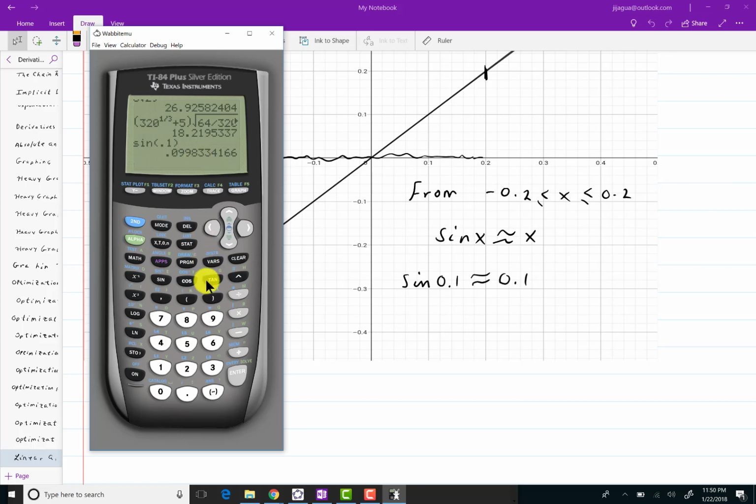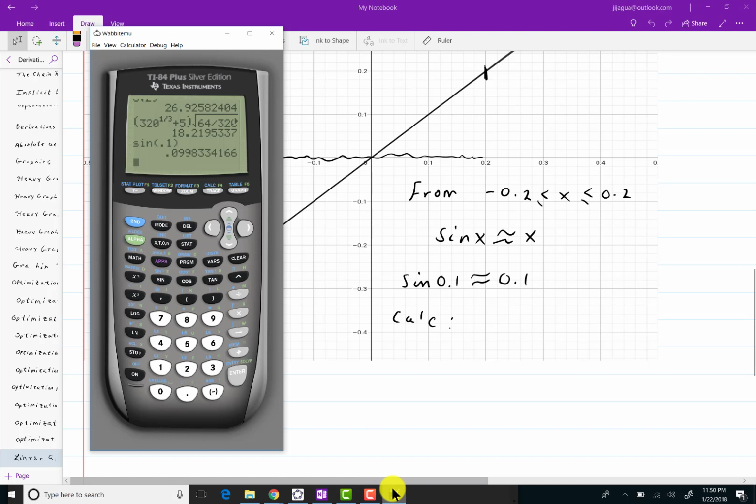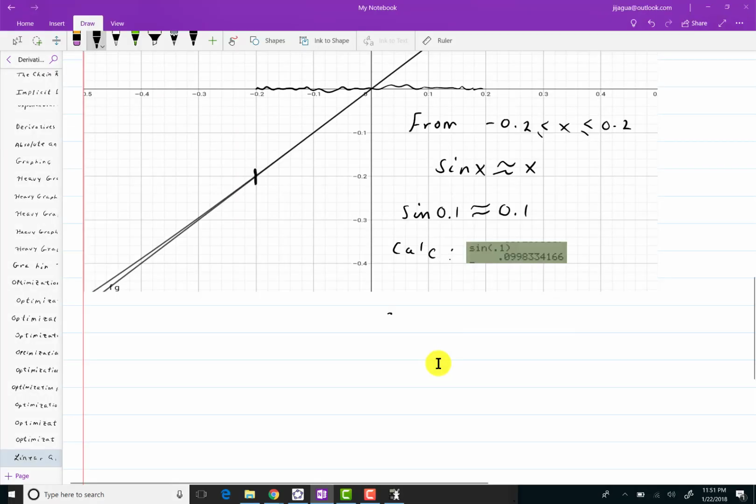And in fact, what is the error that we have here? If I wanted to calculate the error, let me come back here for a second. I'll take 0.1 minus this number.